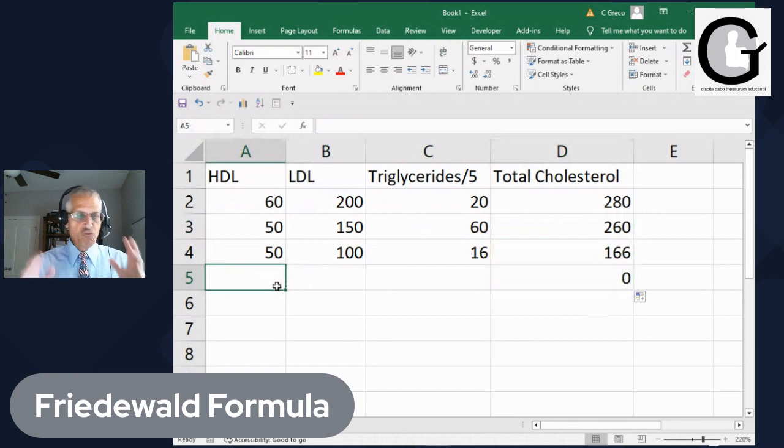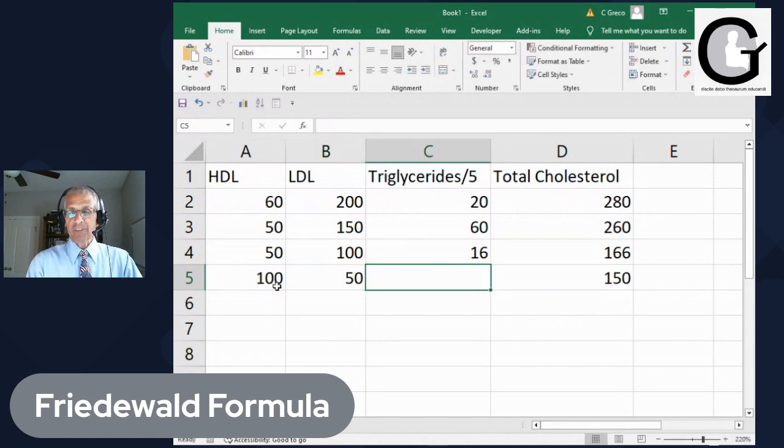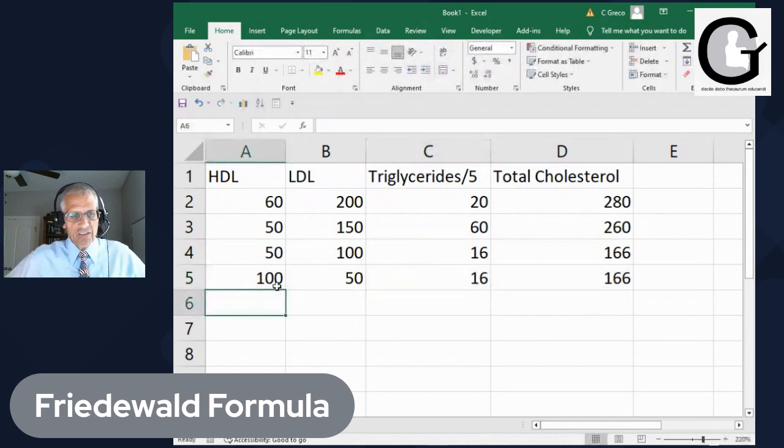So let's say you really, really work hard at HDL and LDL. You go out, you exercise, you do all kinds of crazy stuff just to get this going, and you end up with an HDL of 100 and an LDL of 50, but the triglycerides you just couldn't get any better. So you're still going to have the 80 divided by 5. So your total cholesterol is still 166.